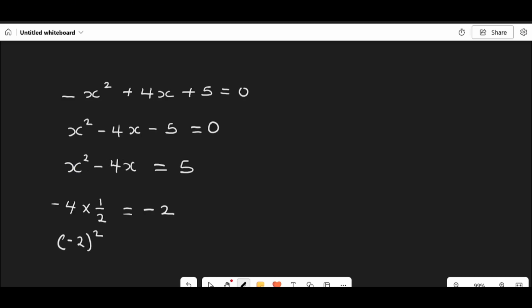So we are going to have x square minus 4x plus minus 2 square equal to 5 plus minus 2 square.